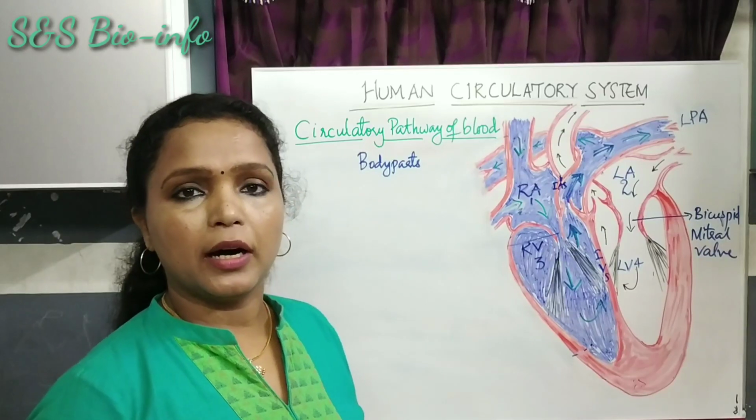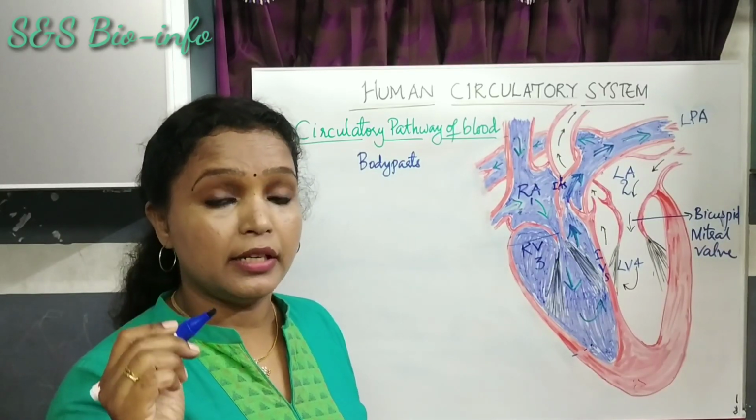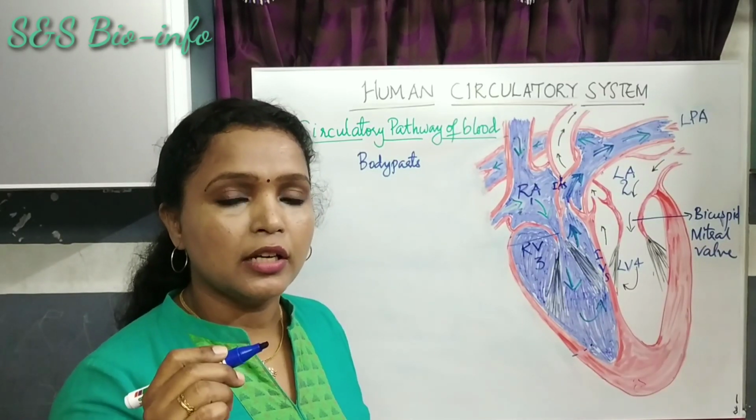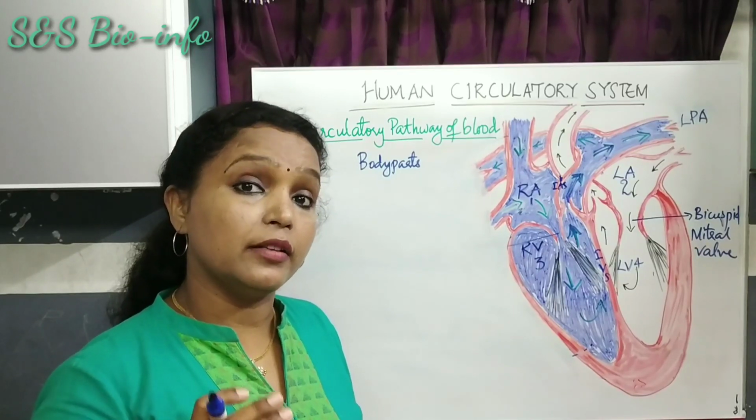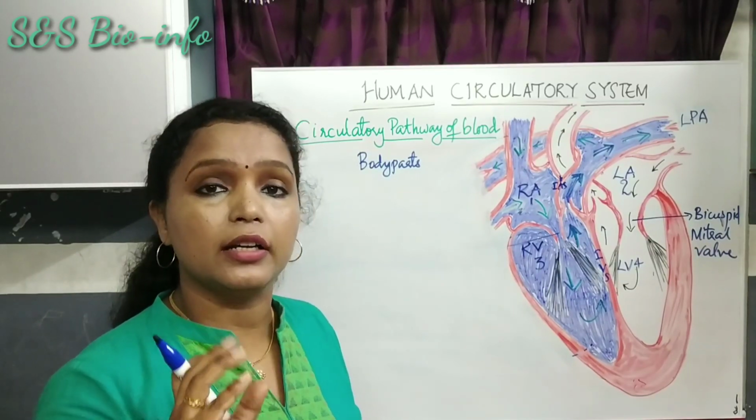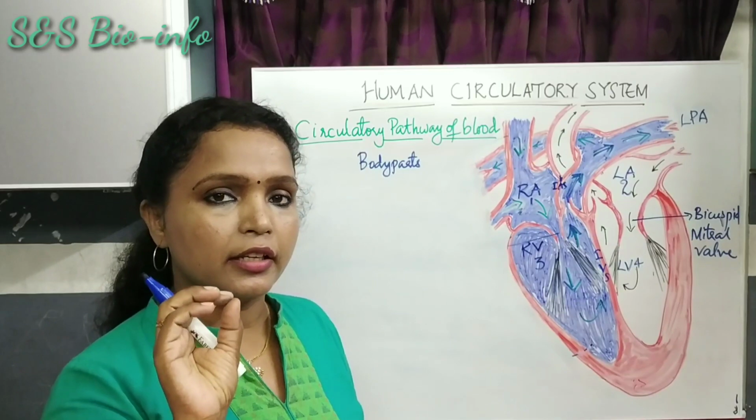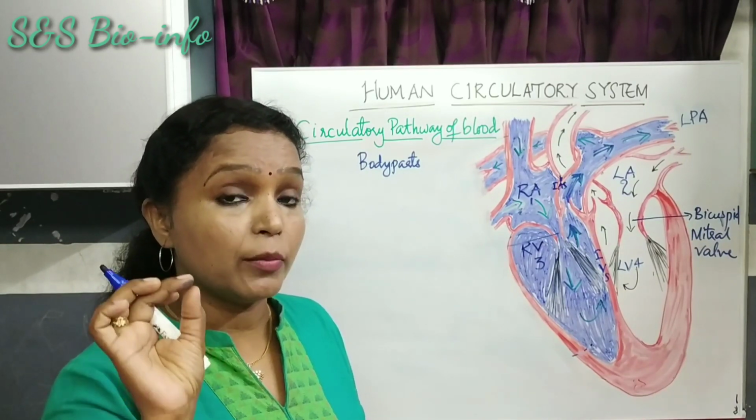From the body parts, the deoxygenated blood is collected by veins. Then finally it is collected by the vena cava, the superior vena cava and the inferior vena cava. Then it reaches the right atrium of the heart.